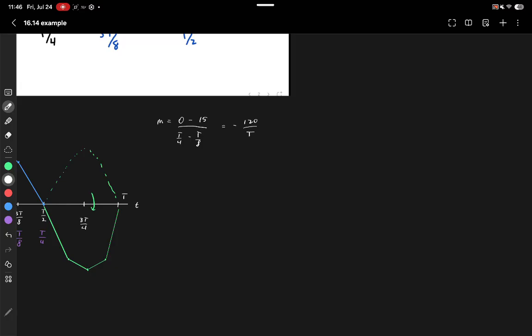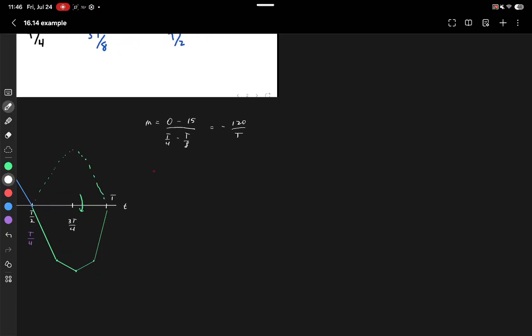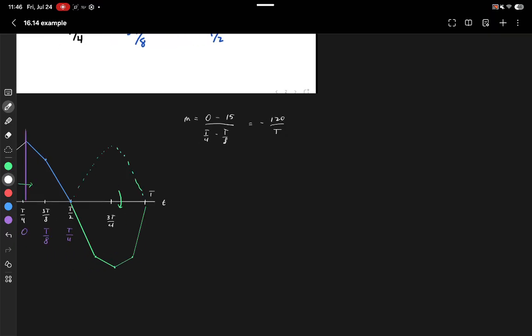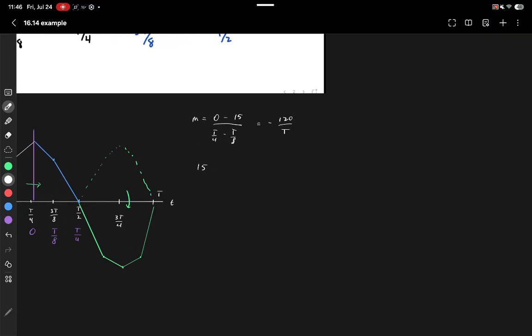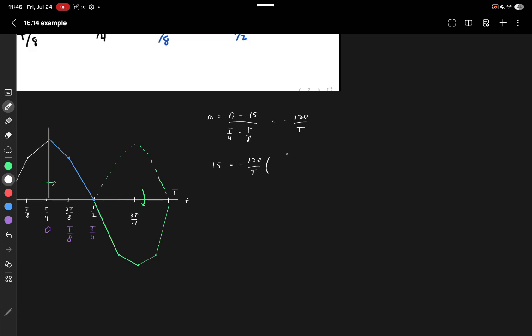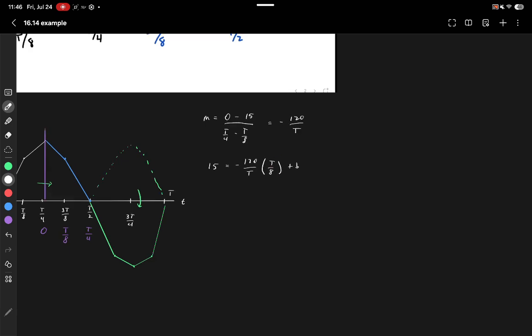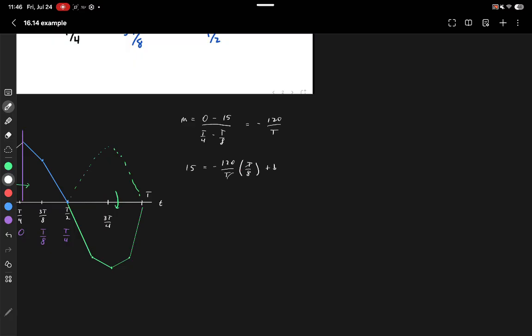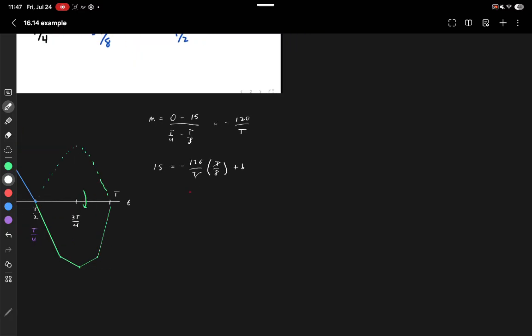We have that. Now we need to do what we did before, where we find the b. Our b would be 15, starting there. Our 120, we're trying to find the t over 8 plus b. Those cancel. Minus 120, that's going to give us negative 15 plus b.